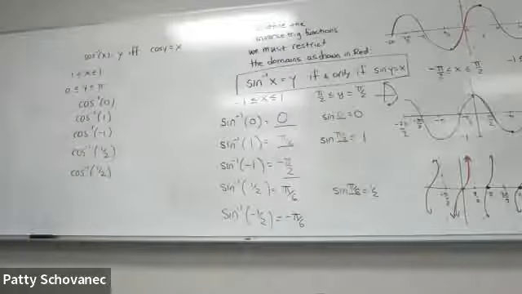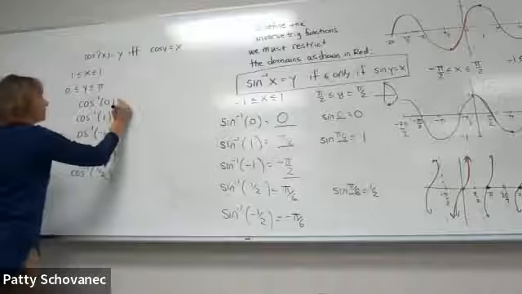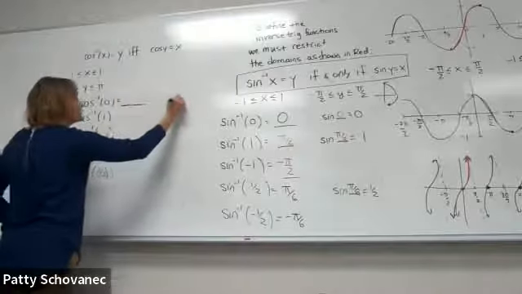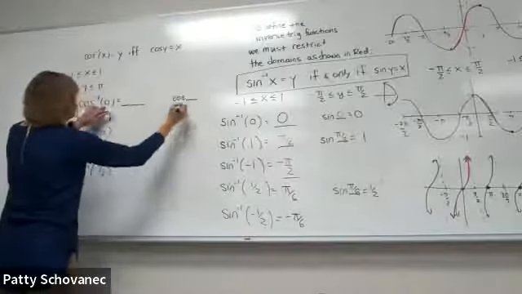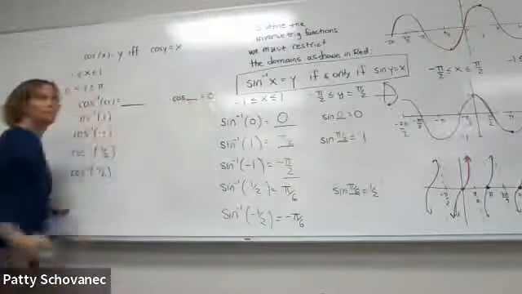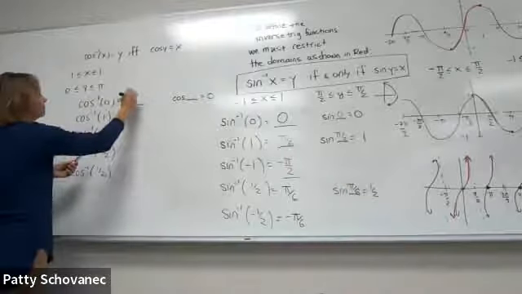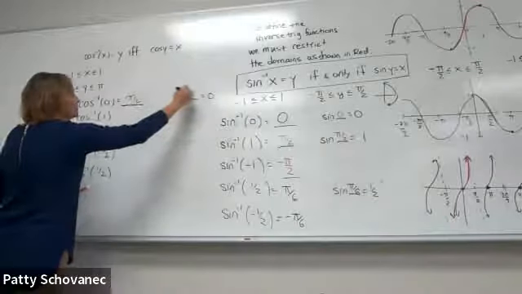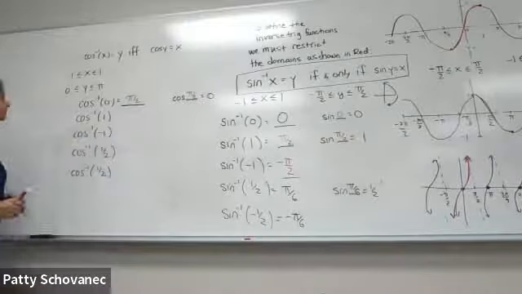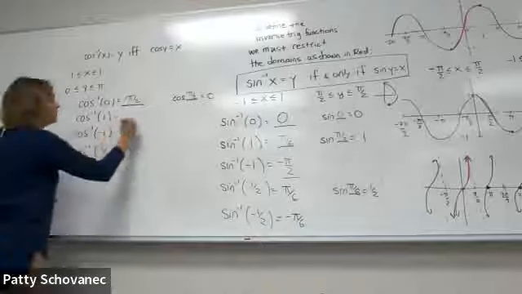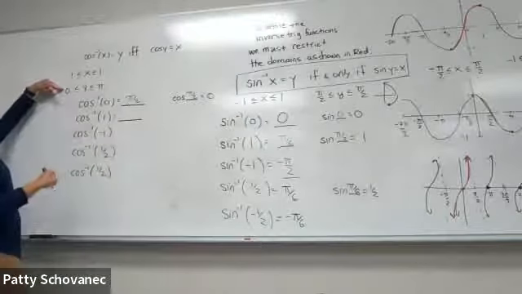So think backwards. The number that goes here is something that I take the cosine of to get 0. Cosine of what angle is 0? 90 degrees. We're going in radians, so we got pi over 2. Okay, what angle in here?